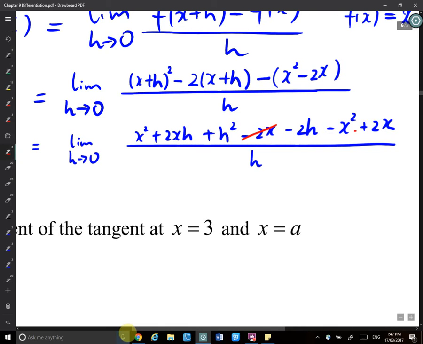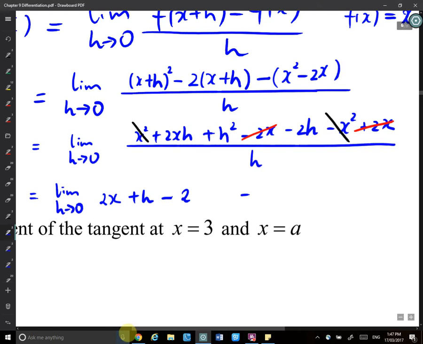So this 2x and this 2x cancelled. That x squared and that x squared cancelled. What has been left is lim h approaching 0. 2xh over h, you have 2x. h squared over h, you have h. Minus 2h over h is minus 2.